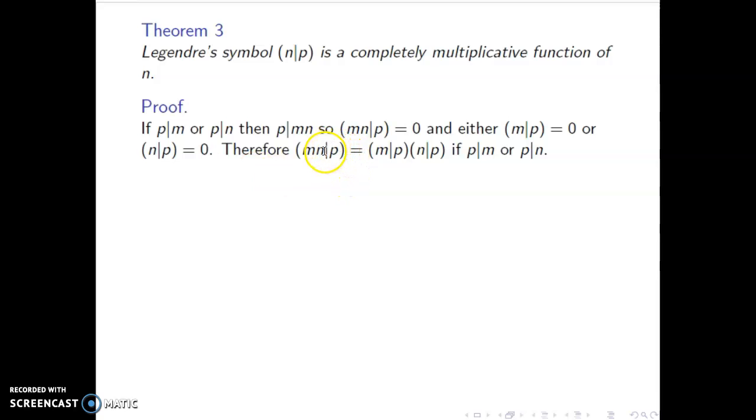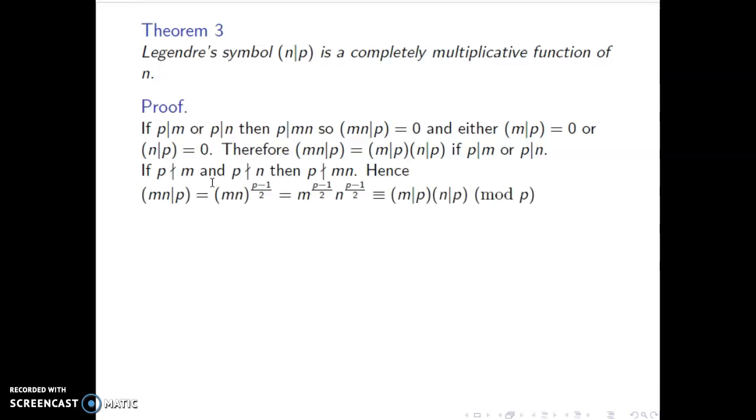Therefore, (mn/P) is equal to (m/P) times (n/P) if P divides m or P divides n. Now let's look at the case when this is not true. That means P does not divide m and P does not divide n. If P does not divide m and P does not divide n, P obviously cannot divide mn.